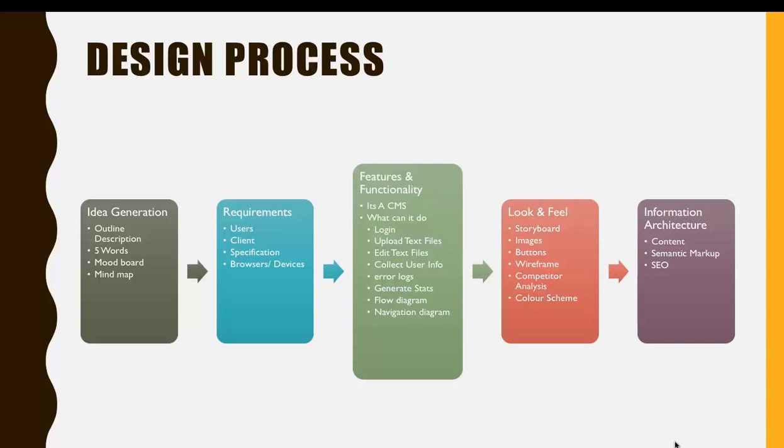With that in mind we need to consider what our users might be looking for, and here we would start to compile some kind of checklist so that when we get to the end of the design process we can look back at this checklist and see whether or not our design ticks all of the boxes. And the same is true for our client. What is it that our client wants to get from this? In the end, the client is potentially the person who is paying for this, and so the client needs to get from your design exactly what he's expecting.